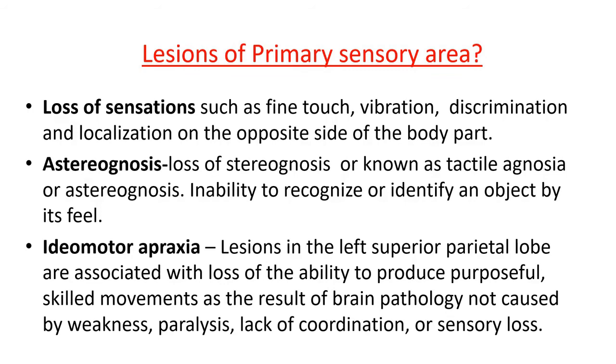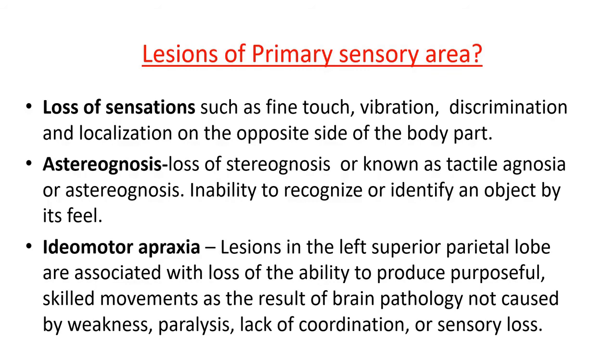What is the result? You will lose fine touch, vibration, tactile discrimination and tactile localization on the opposite side of the body. These sensations are lost because of lesions in the primary sensory area, and to produce that, a very large area of the sensory cortex has to be involved.